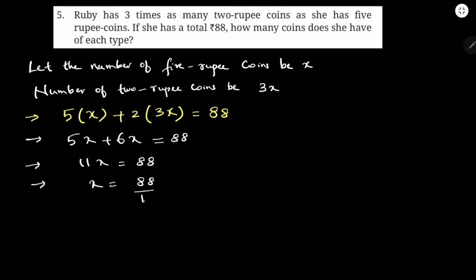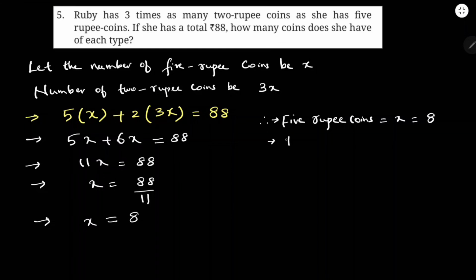x equals 88 by 11. So x equals 8. Now, therefore, the 5 rupee coins we considered as x, so the number of 5 rupee coins is 8.